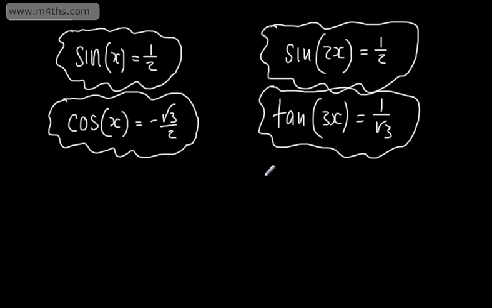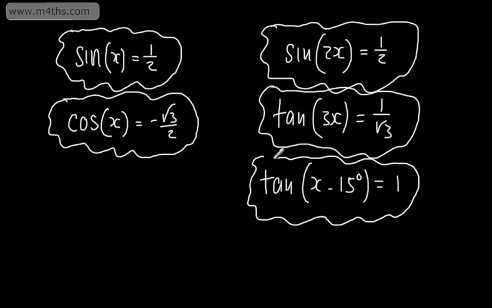Another type of equation we might see could be tan of x minus 15 degrees, and that could be, for example, equal to 1. So this time we don't just have x, we have x minus 15 degrees. We might have, for example, cos of x plus pi by 4.